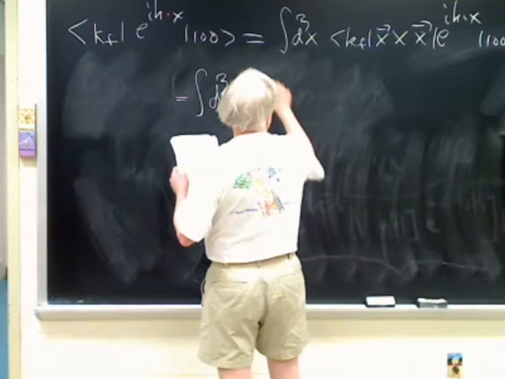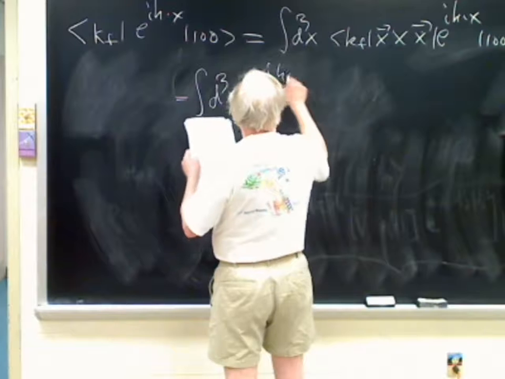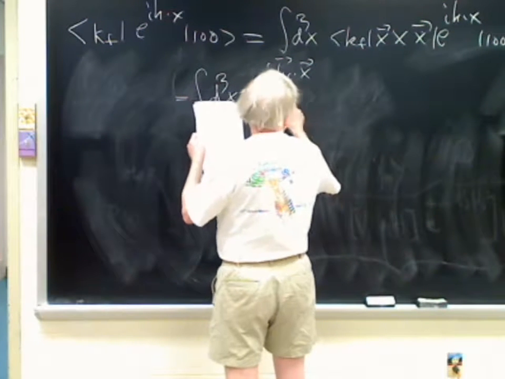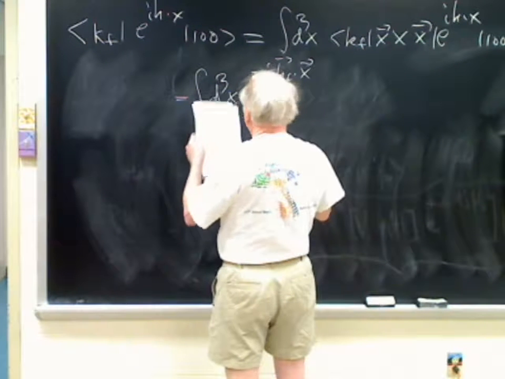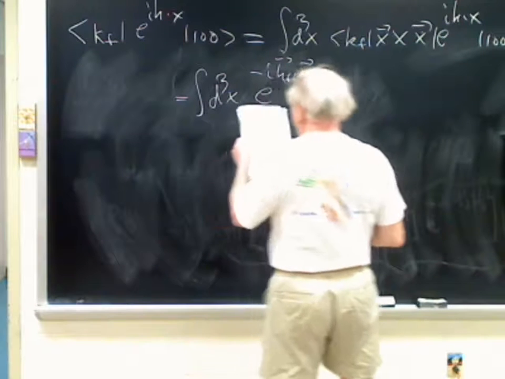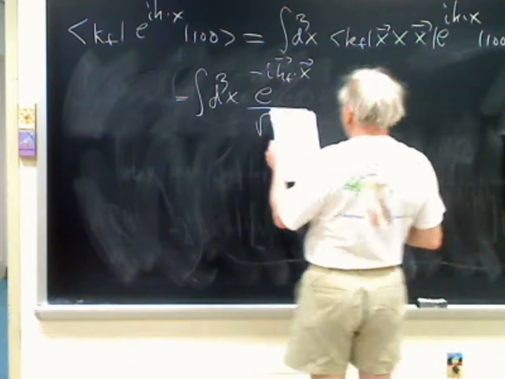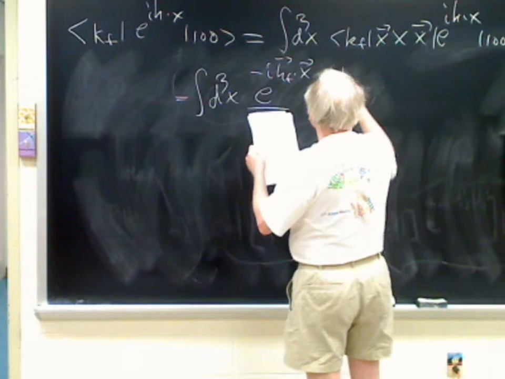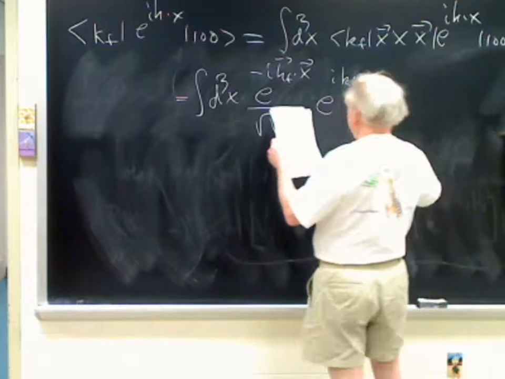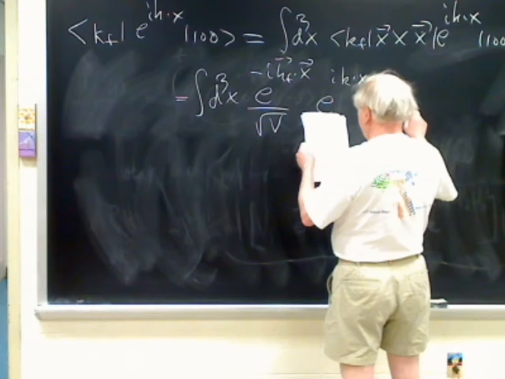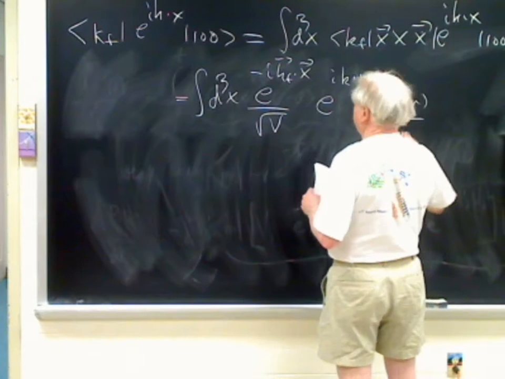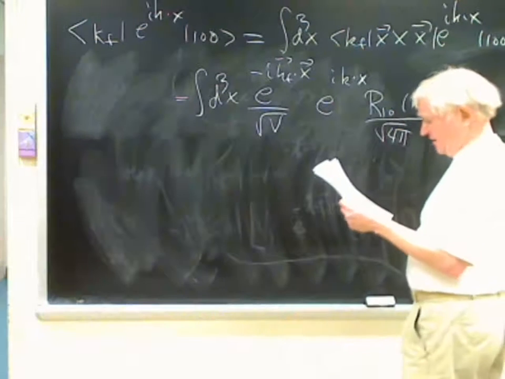This thing here is e to the minus i kf dot x, and the normalization is 1 over square root of V. And then we have e to the i k dot x. This is the incident photon. And then we have R10 of r, effectively, over square root of 4 pi. So that's the way one does the calculation.